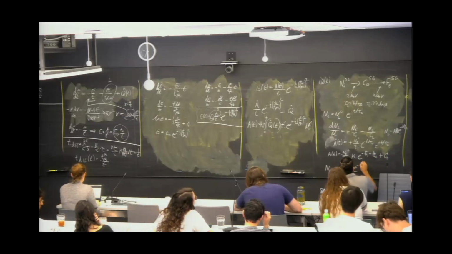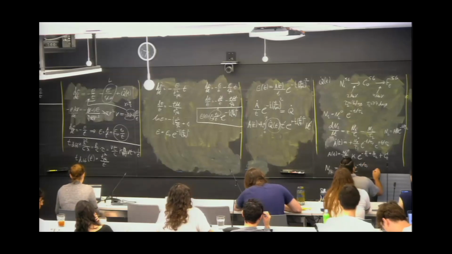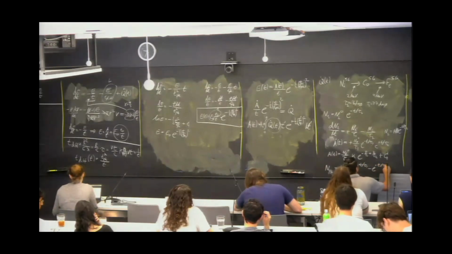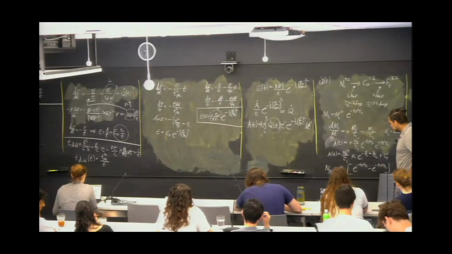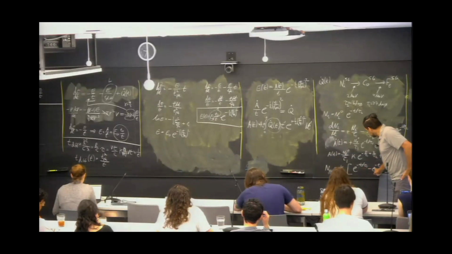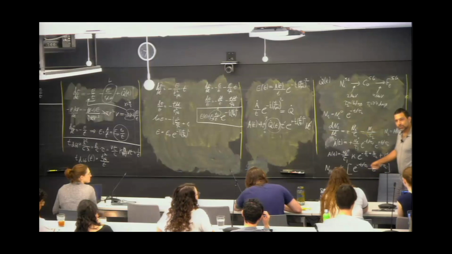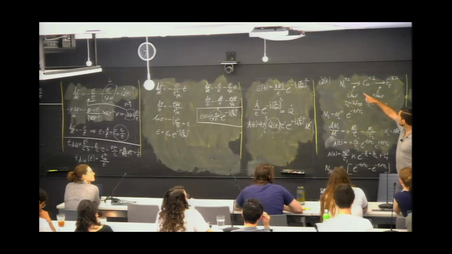So I have e to the minus t over tau 1 minus e to the minus t over tau 2. So it's nice. It's a difference between two exponentials, the exponential of the nickel and the exponential of the cobalt itself.